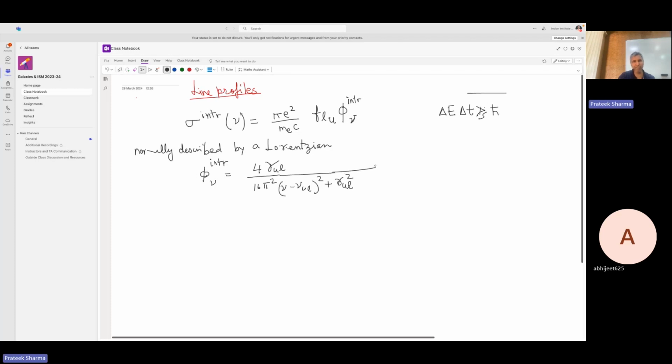So this is a Lorentzian function, as you can see. A Gaussian goes like e to the minus x squared. A Lorentzian goes like 1 over 1 plus x squared. This is a function of frequency. A Lorentzian will have tails.